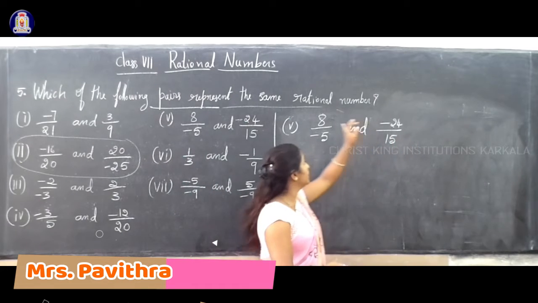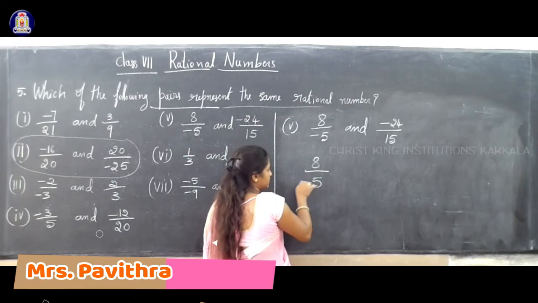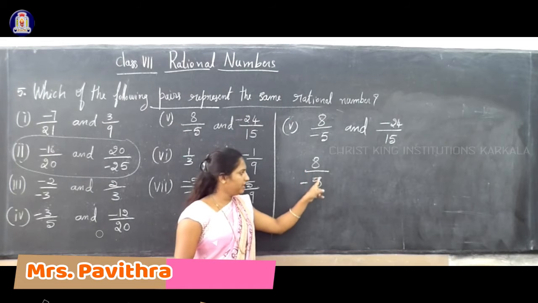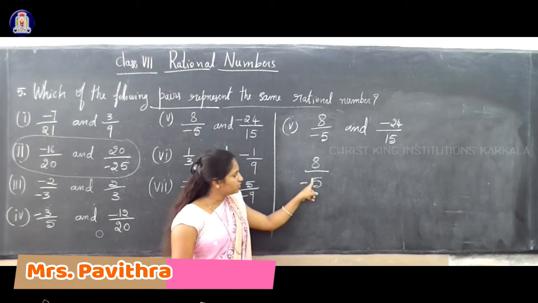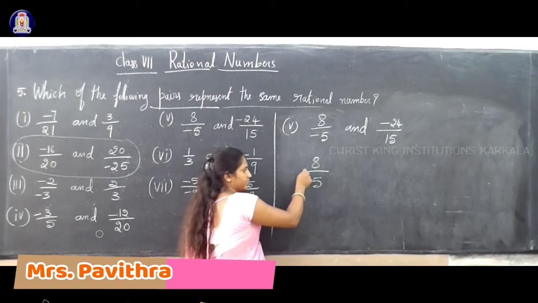See, 8 by minus 5, can you simplify these terms? 8 is an even number and 5 is an odd number. Does any table divide? No, it does not divide. So you will write this as it is.